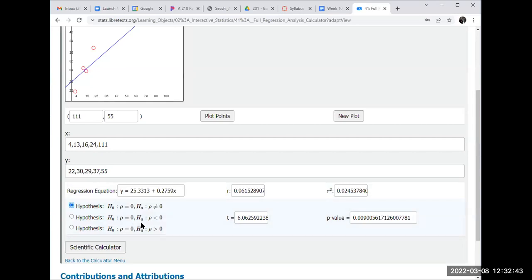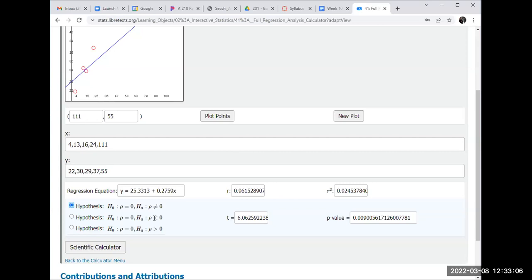The only time you're going to go less than or greater than is if you want a hypothesis that there's a positive correlation between the variables, then it's greater than. If it's negative, it's less than.